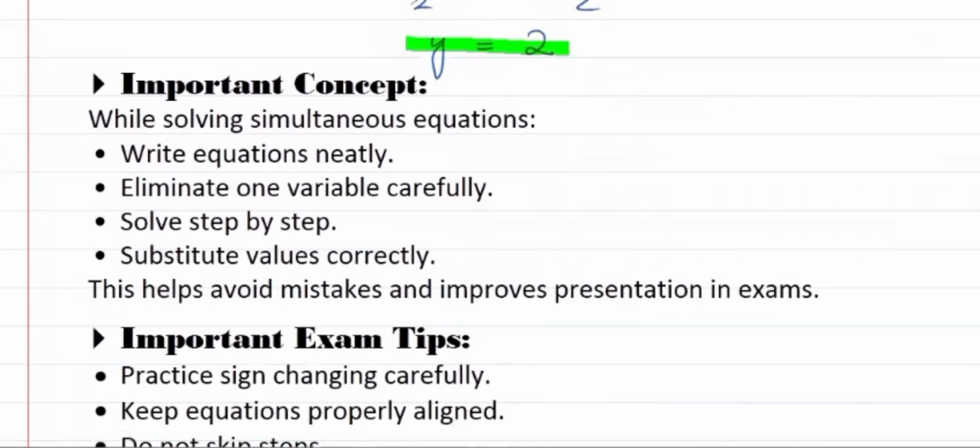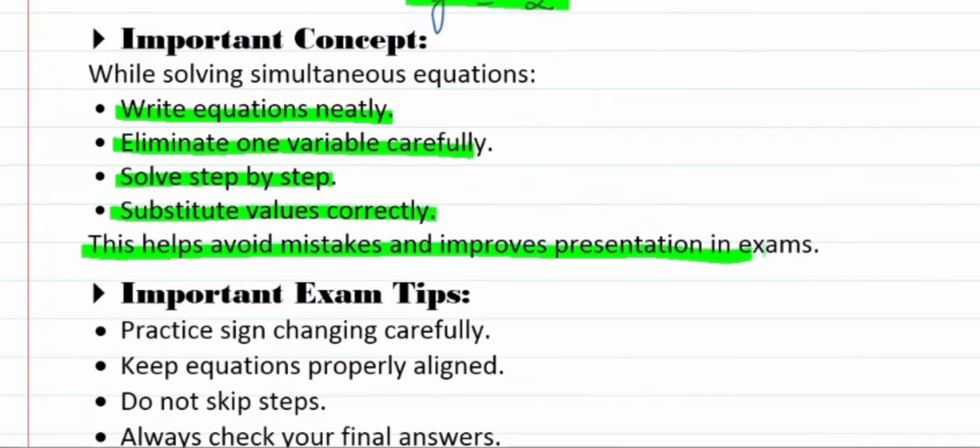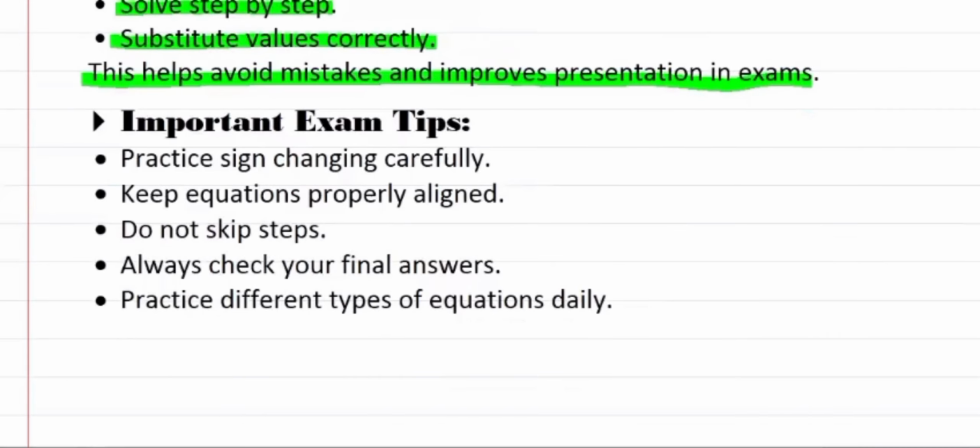Now, important concepts. While solving simultaneous equations, write equations neatly. Eliminate one variable carefully. Solve step by step. Substitute values correctly. This helps avoid mistakes and improves presentation in exams.